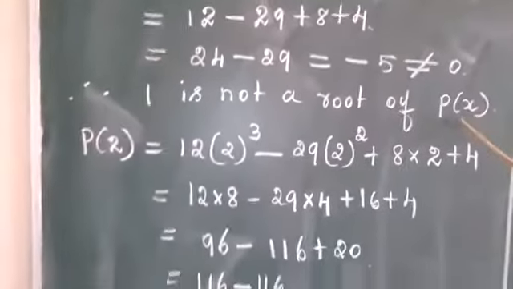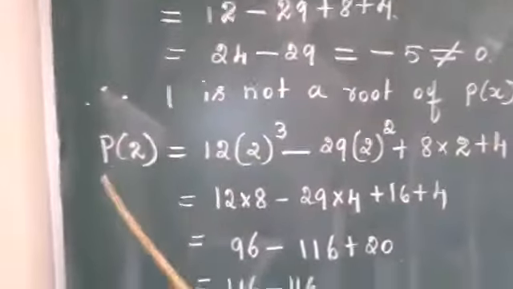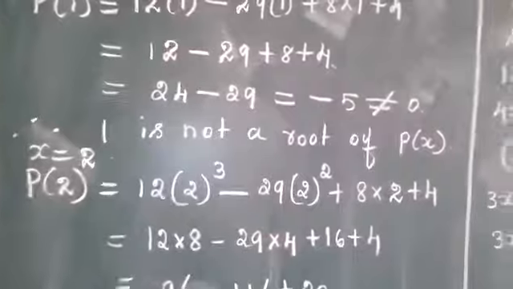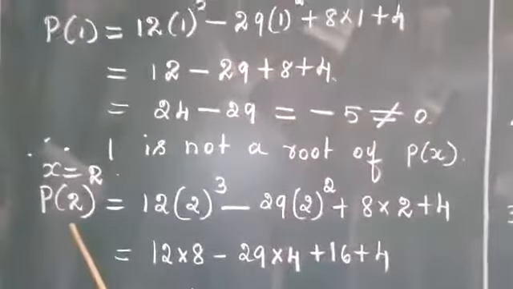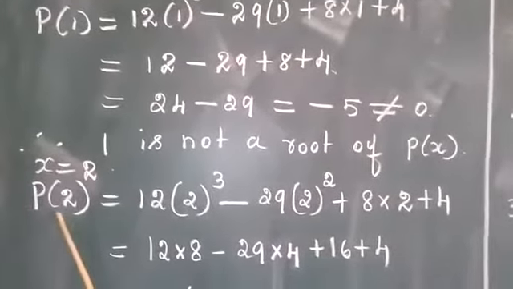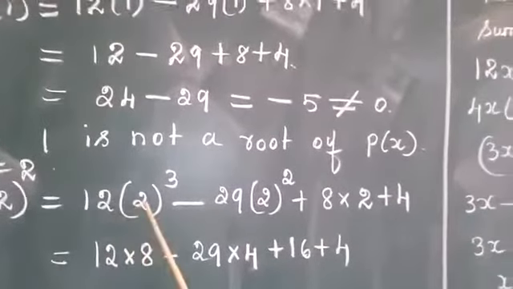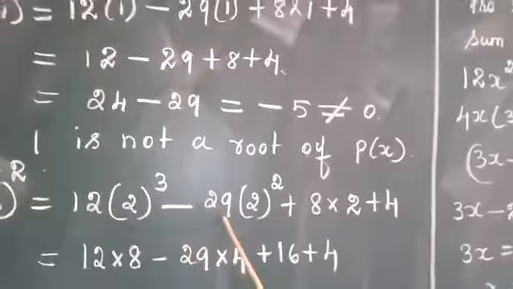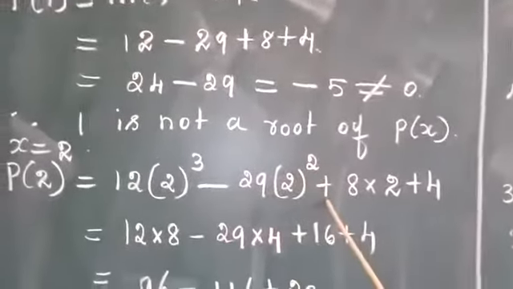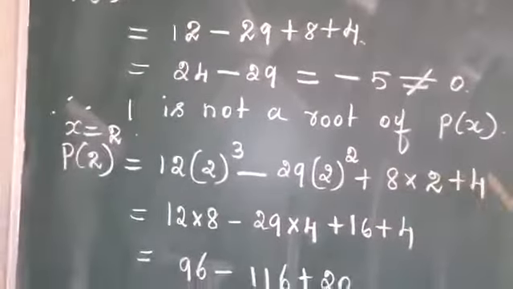Next, we are going to try with x equal to 2. Now if we put x equal to 2, p of 2 is equal to 12 into 2 cube minus 29 into 2 square plus 8 into 2 plus 4.